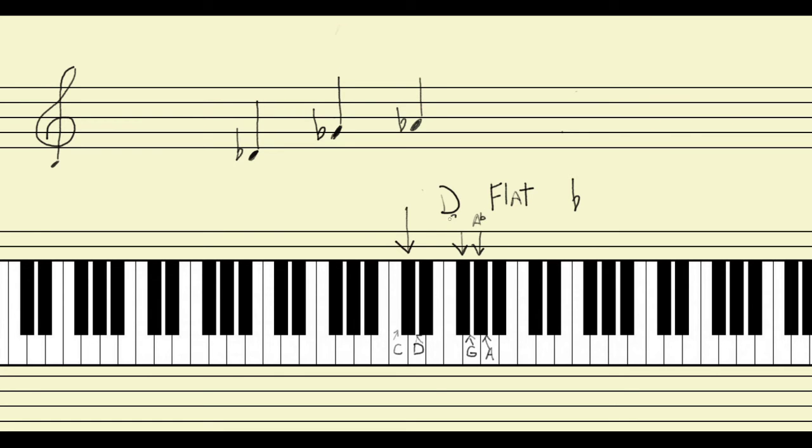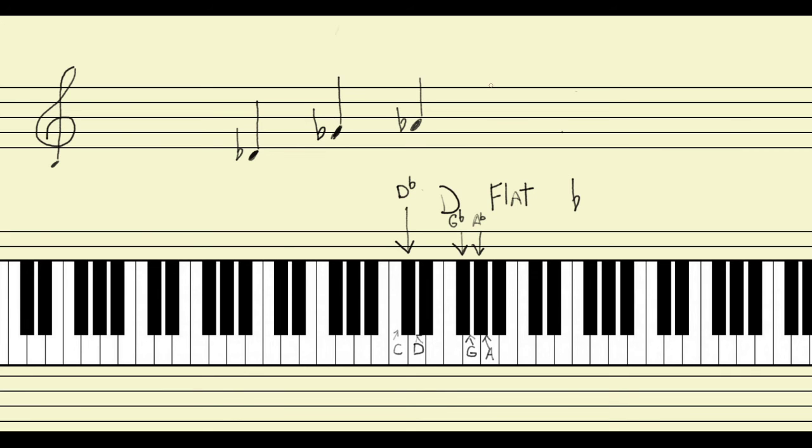Fill this in too. This was G flat, and this was D flat. And again, notice that even though the flat symbol comes first, the flat symbol always goes to the left. We call it D flat, or G flat, or A flat. We don't call it flat G, or flat A, or flat D.